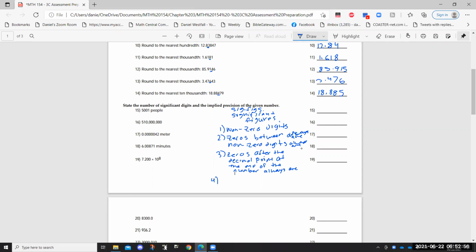Rule number 4 says that the zeros before the first non-zero number to the right of the decimal, if the whole number is zero, are never significant.